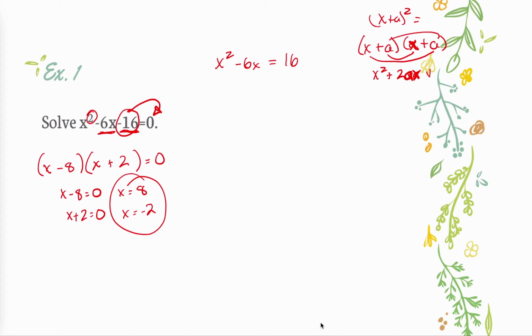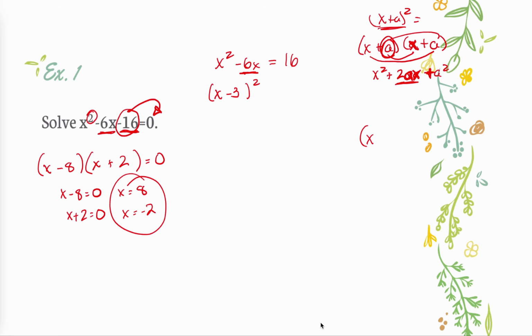And then we would get plus a squared. So when you square a binomial like this, you're always going to get something in the middle that's 2 times whatever this number is. So what could we square in order to get negative 6 in the middle? Divide that by 2, and that's going to be negative 3.